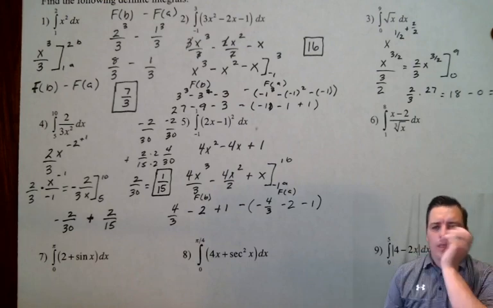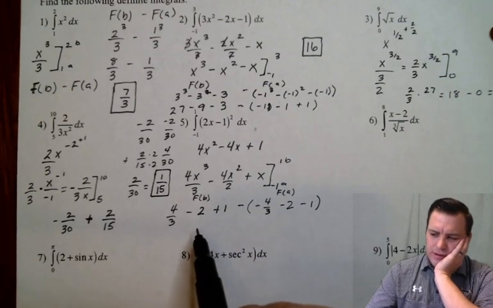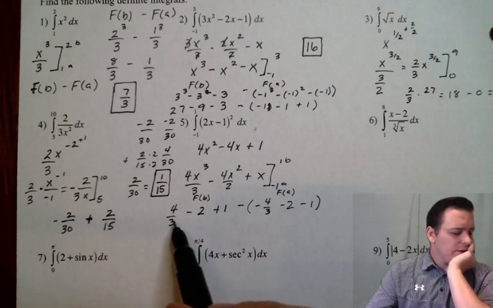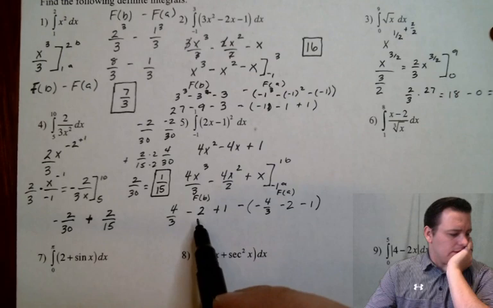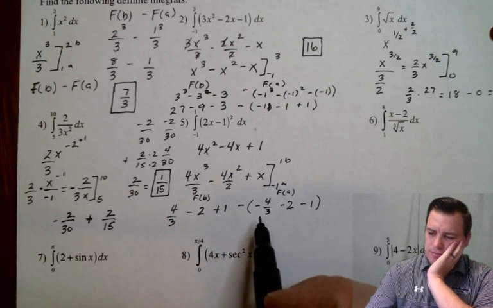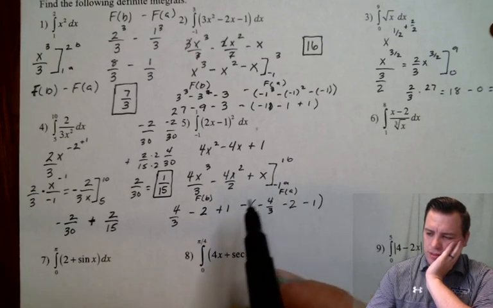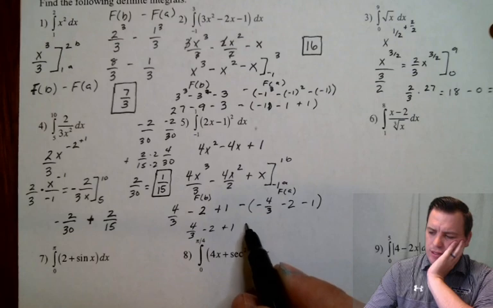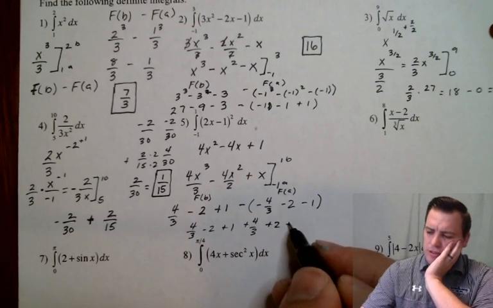Okay? So then from there, I'm going to go ahead and distribute that. 4 over 3 minus 2 plus 1 plus 4 over 3 plus 2 plus 1.